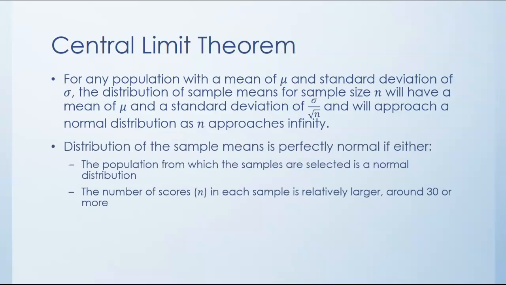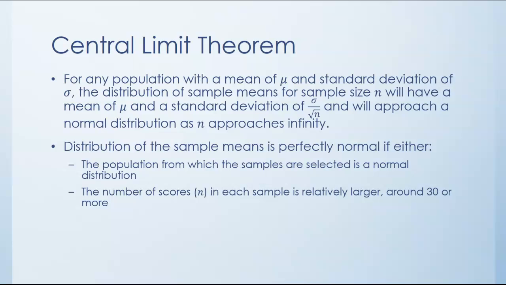So the distribution of sample means is perfectly normal if one of two things happens. The population from which the samples are selected is normal. So if you had a normal population to begin with, then the distribution of your sample means is expected to be normal, no matter what your n is. Okay. The other thing that could make your sample distribution normal is the size of your n, the number of scores in each sample.